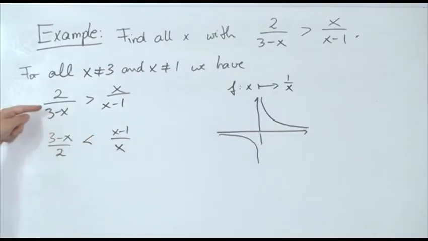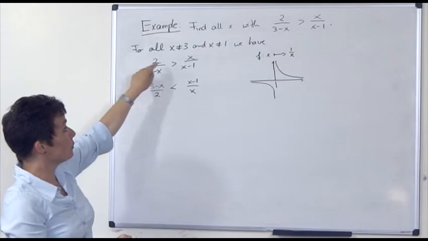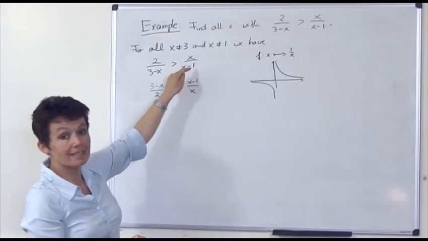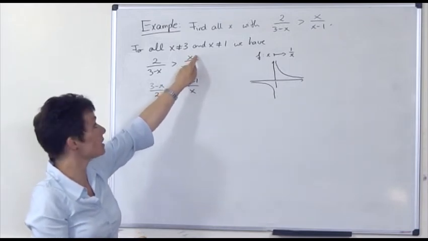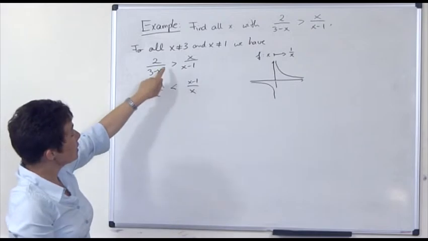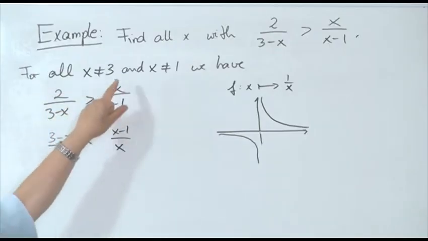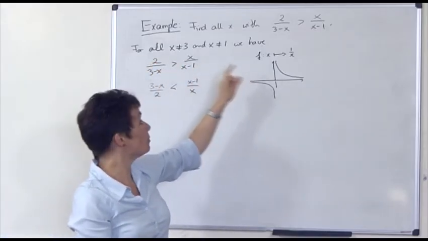In other words, when we apply this function, we need to make sure that it's defined for the term. The term on the left can never be 0, the term on the right can, because the numerator is an x, and so we need to look at what happens at x equals 0. At x equals 0, well, let's plug it in. I get 2/3 on the left and I get 0 on the right, and 2/3 is indeed greater than 0.